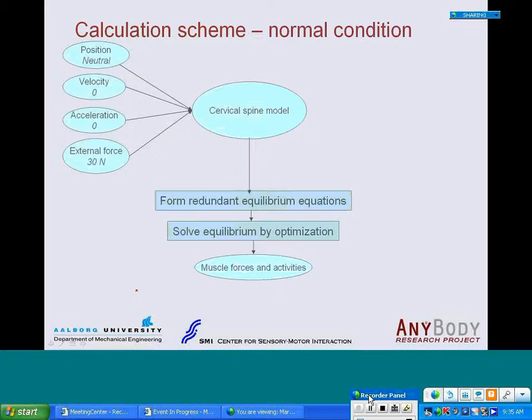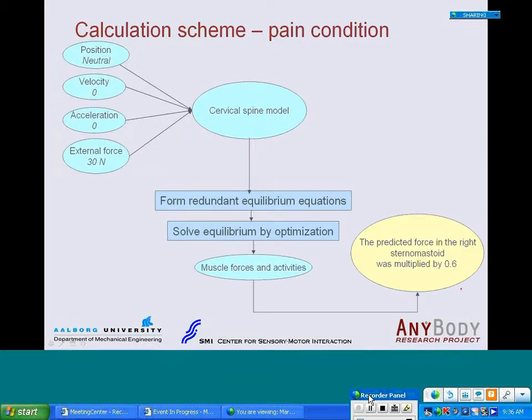What we then did, the predicted force in the right sternomastoid, the muscle we want to virtually inject with hypertonic saline, this predicted force we take as output, and we multiply that by 0.6. So we take 60% of the force in a non-painful condition.